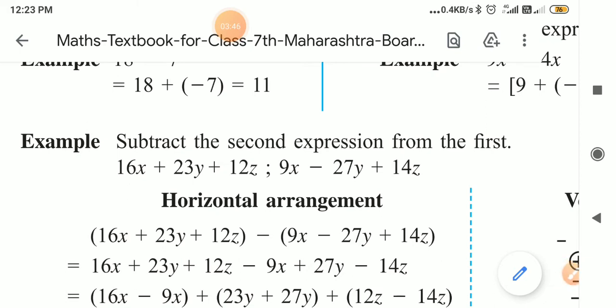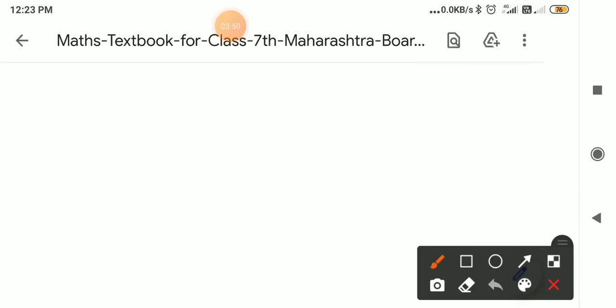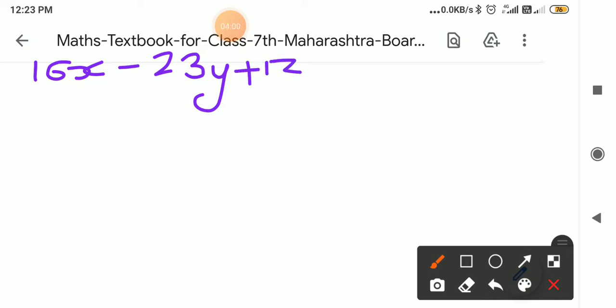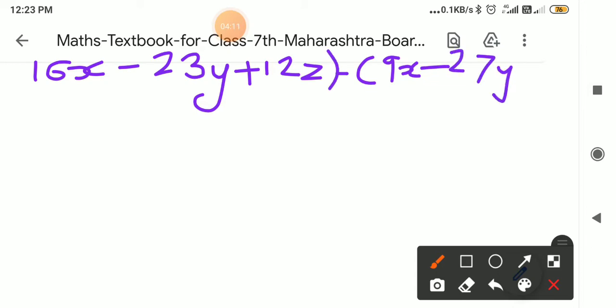First of all, here I will write the example. What is the question? 16x minus 23y and plus 12z, minus, in brackets, 9x minus 27y plus 12z.